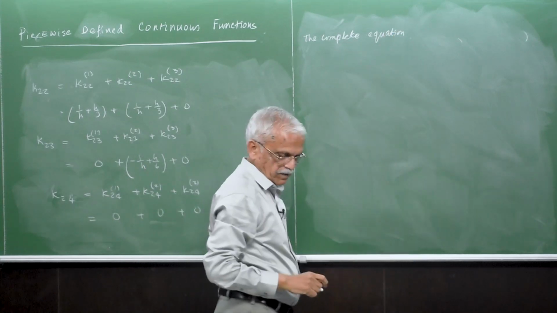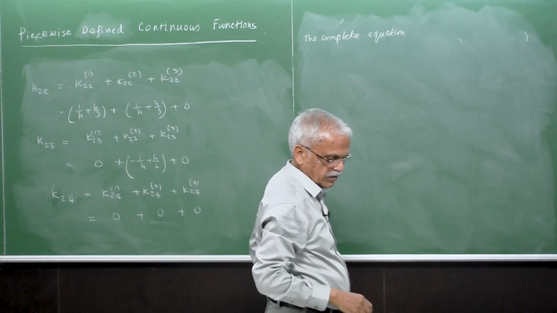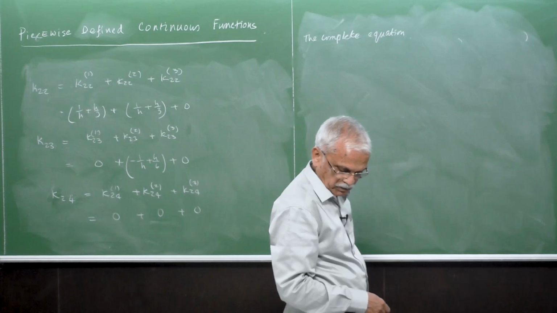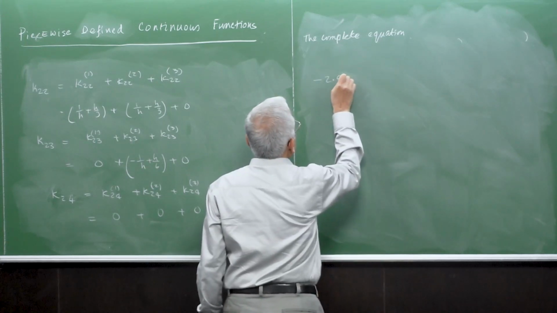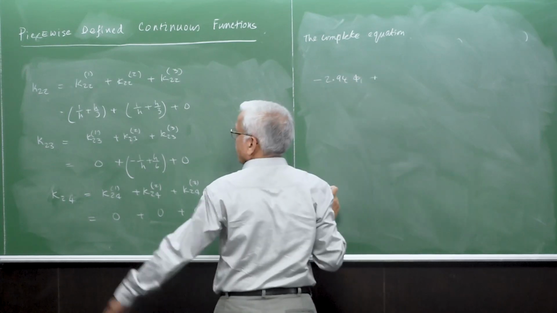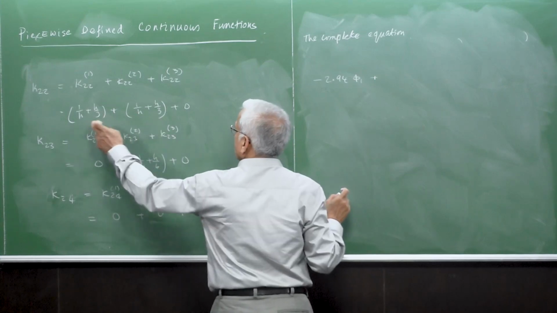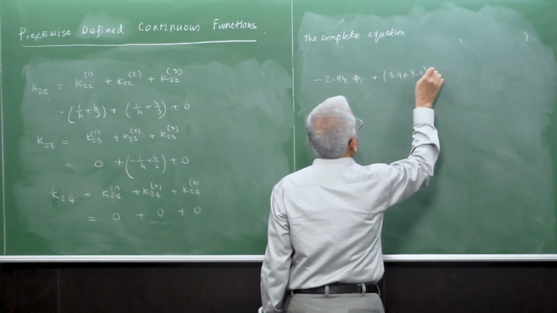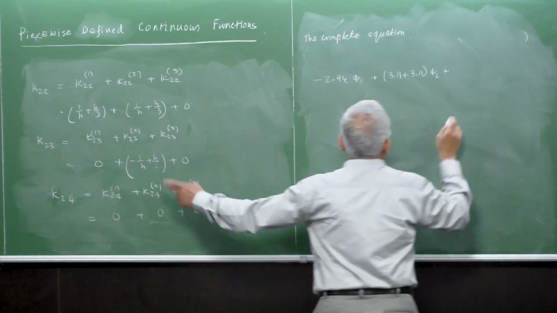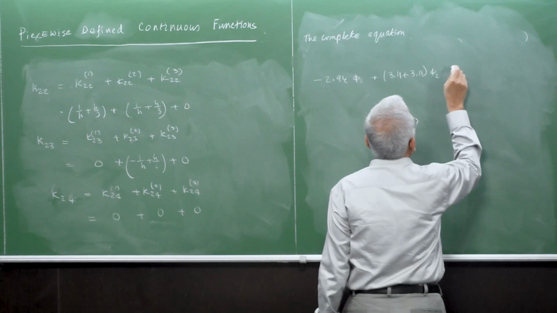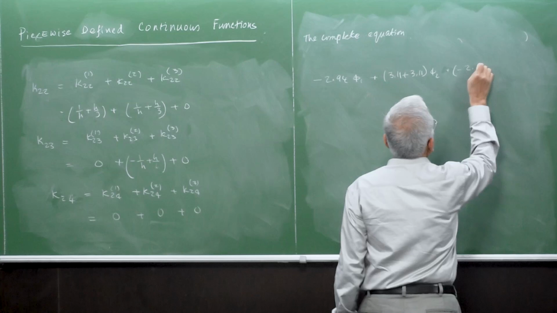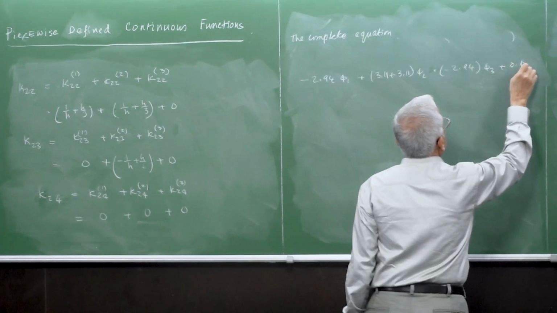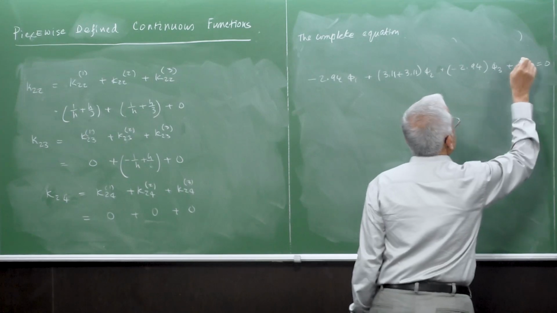We have K21, which we calculated, equal to minus 2.9451, and K22 is a combination of this one, so it is 3.11 plus 3.11, so this is 5.2, and K23 is minus 2.94 by 3, and then this is 0 times phi 4, so you can neglect this one.